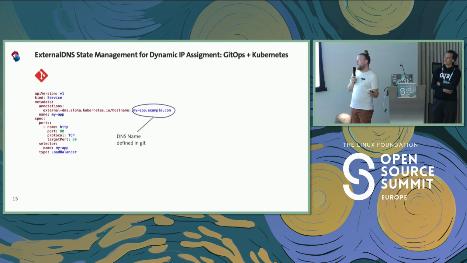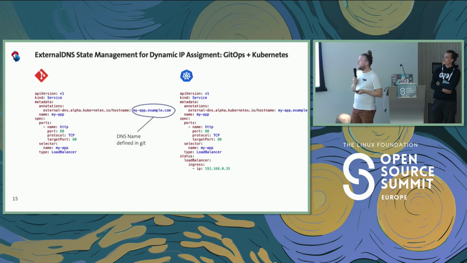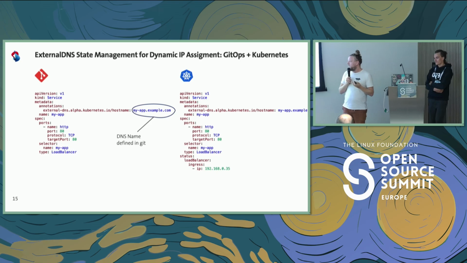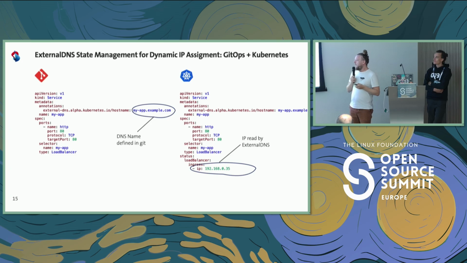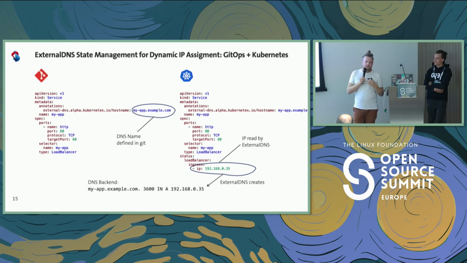When we sync that to the cluster using Flux or Argo, it will be a copy with an additional status field, which is the actual IP. That's how Kubernetes assigns IPs to load balancers. What ExternalDNS does now is read this IP and sync it to the DNS backend. So that's basically the dynamic allocation process of ExternalDNS.